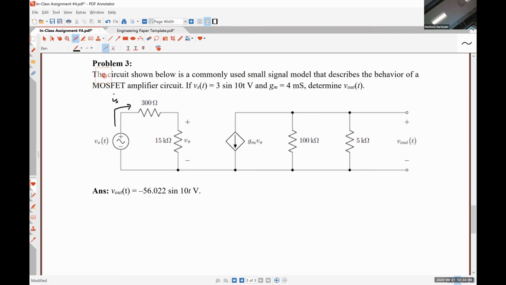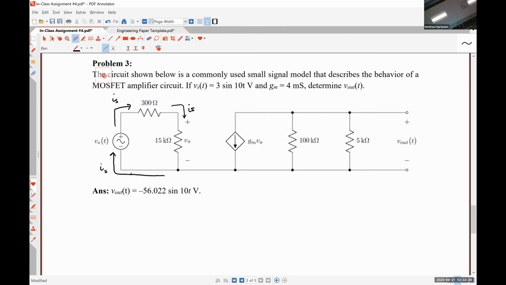And we should easily be able to see that that current IS flows through the 300 ohm resistor and then flows into the 15 kilo ohm resistor. Similarly, since it left the source, it had to flow around this direction to be able to flow into the source as well.